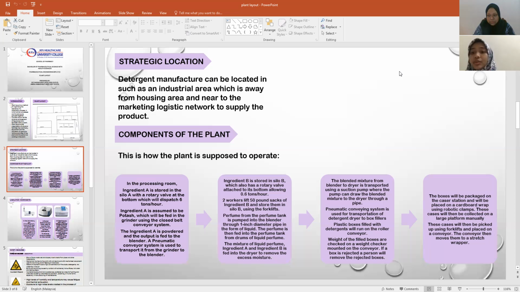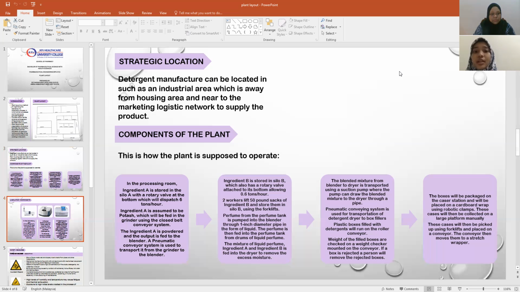The boxes will be packaged on the caser station and will be placed on a cardboard wrap using robotic clamps. These cases will then be collected on a large platform manually and then will be picked up using forklifts and placed on a conveyor. The conveyor then moves them to a stretch wrapper.